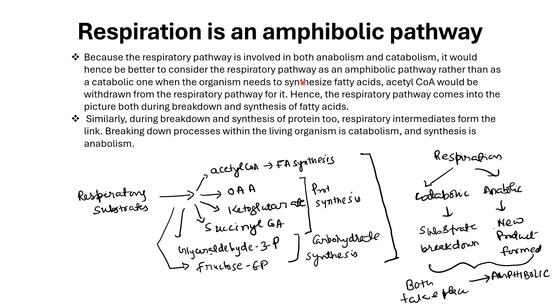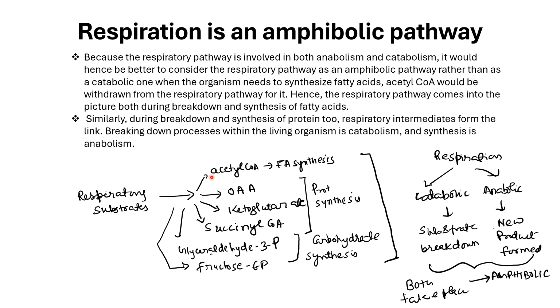Now let's see what type of process this respiratory process is. Respiration, we already saw, involves breakdown of sugar molecules, or catabolism, but it can also act as an anabolic pathway in which new products are formed.